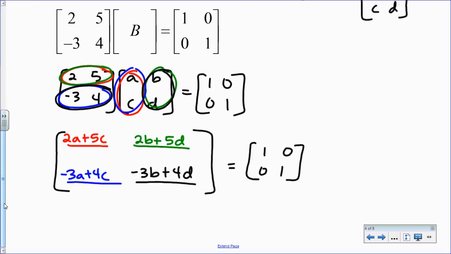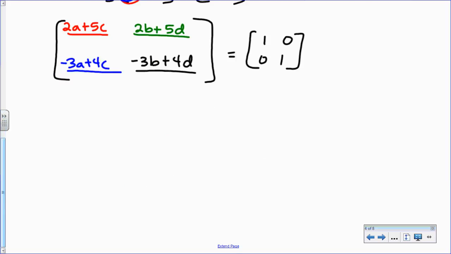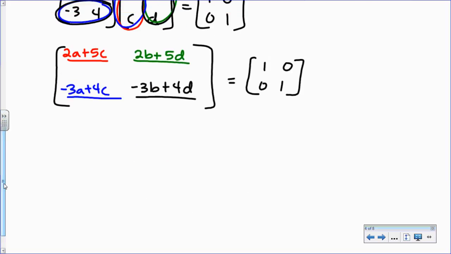So let's write out our 4 equations. 2a plus 5c should equal 1. 2b plus 5d should equal 0.